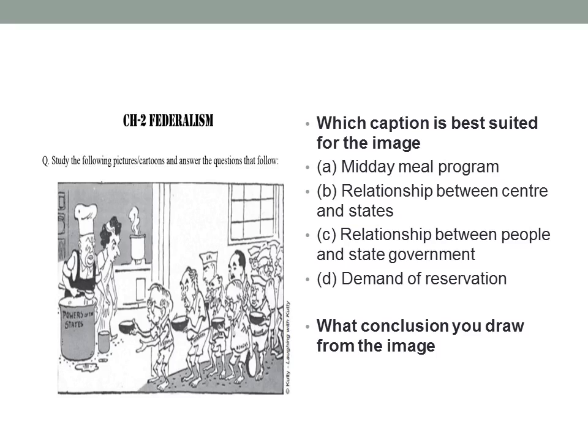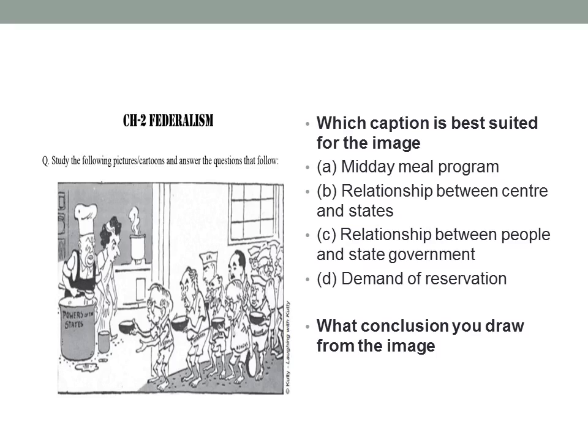Right? So that is the relationship between center and states depicted in this image. It is not a midday meal. It is not people and state government, because those who are serving are the central government and those on the receiving end are the state government, right? So this is from the chapter Federalism.